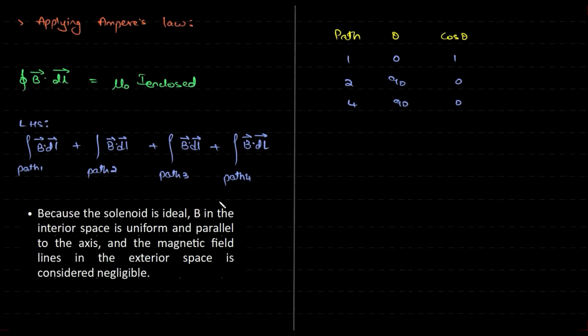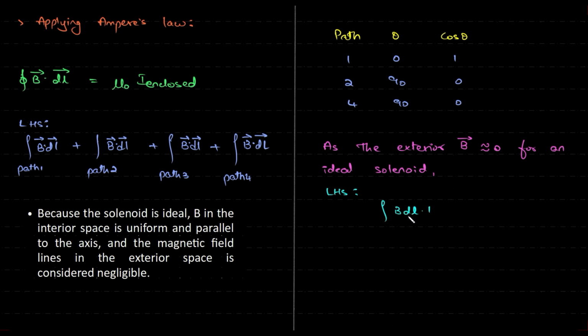Well, there is no field per se, as the exterior field is almost equal to 0 for an ideal solenoid. The entire LHS turns out to be the integration of B dL over path 1. That's it.